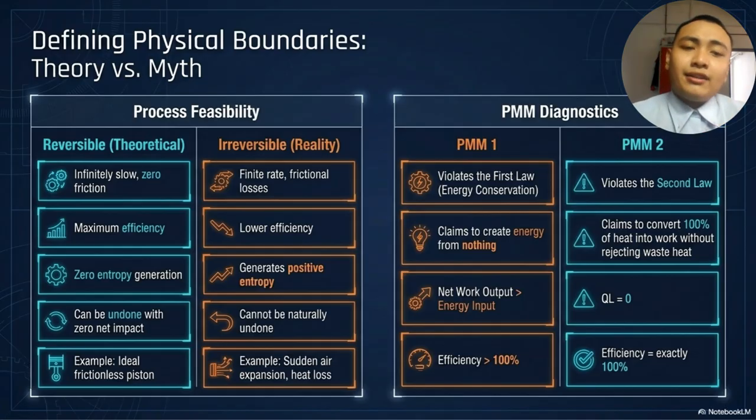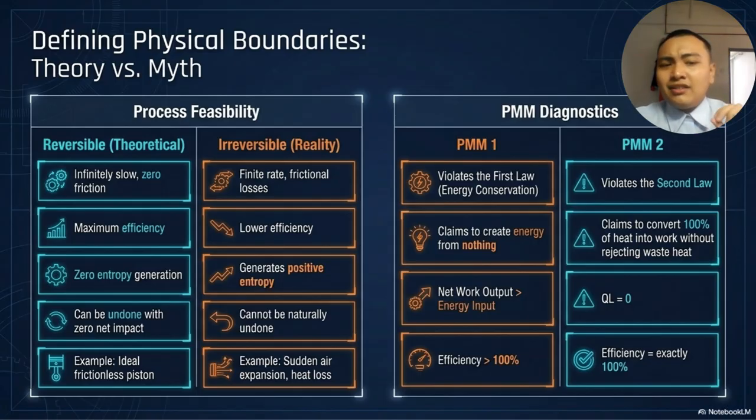Now, look at the right side of the panel, the PMM diagnostics, where we use this rule to spot impossible machines of myth. PMM1 violates the first law of thermodynamics, as it claims to generate energy out of nothing.